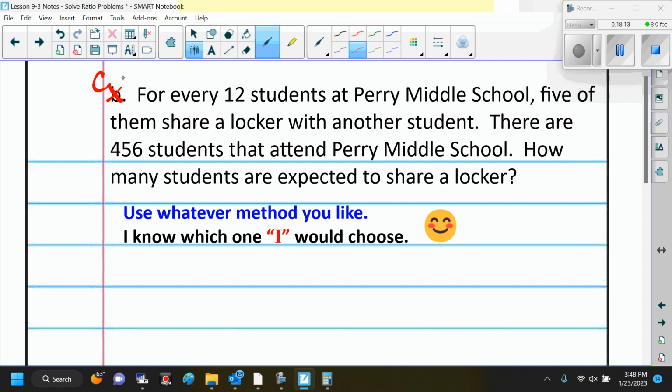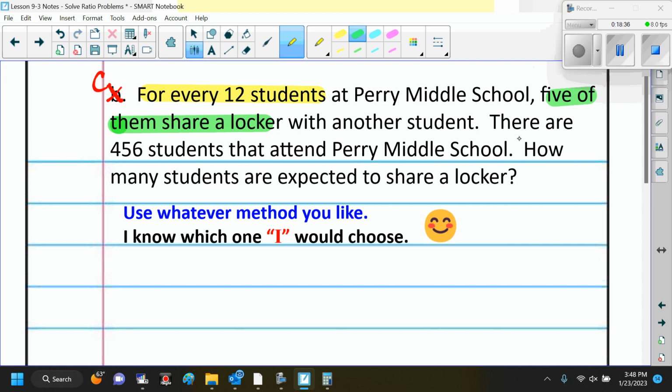I know which one I would choose. I'm not going to tell you which one I would choose, but I'm going to do all 3. So the first one is we did tape diagrams. So here, when we write down the important information, it says that for every 12 students at Perry Middle School, 5 of them share a locker.